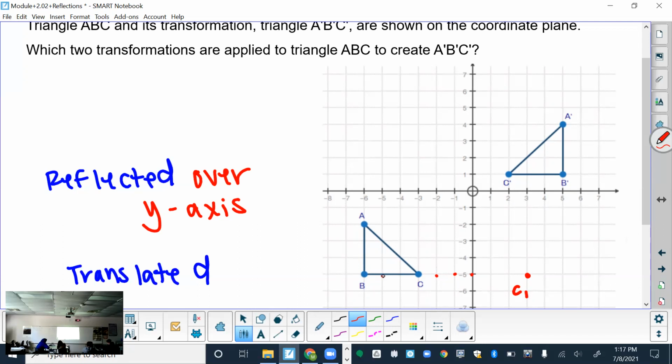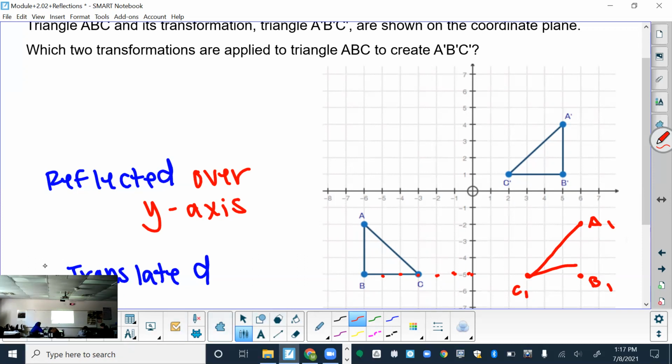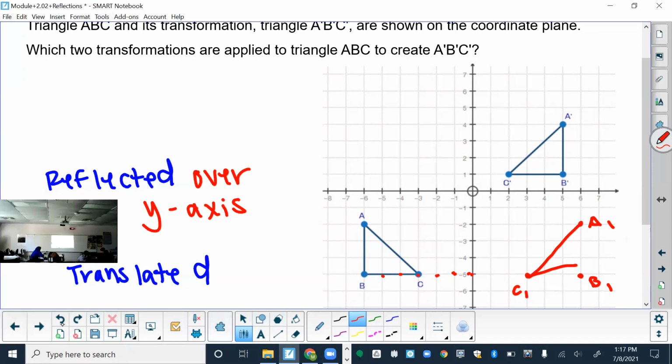If B is 1, 2, 3, 4, 5, 6 spots away, then it should be 6 spots away on the other side. All right, so this is what my triangle looks like after just reflecting it across the y-axis.